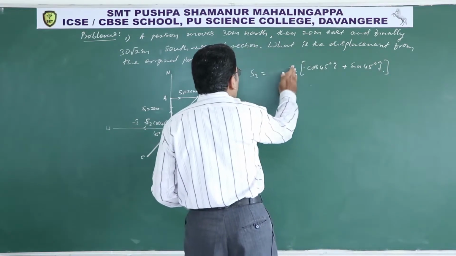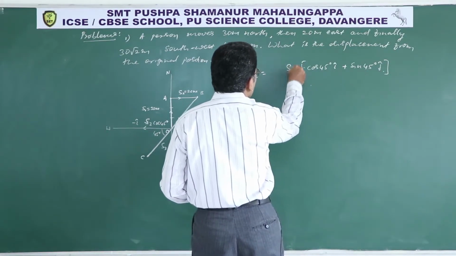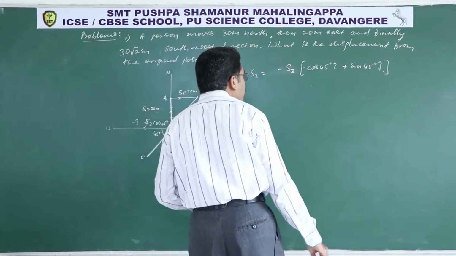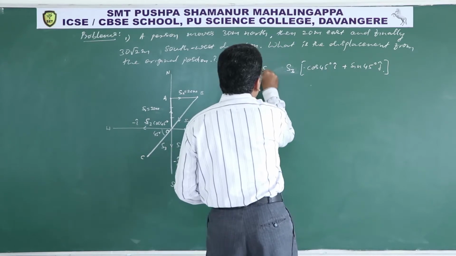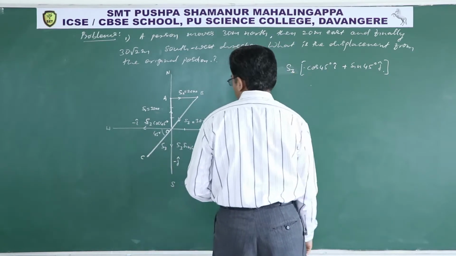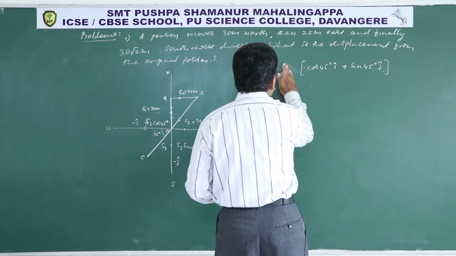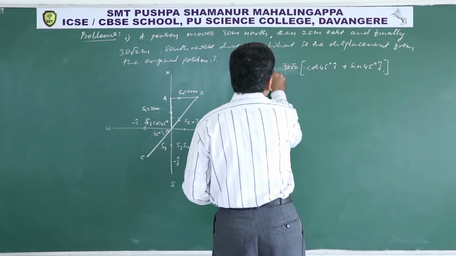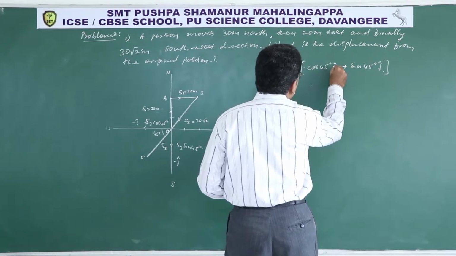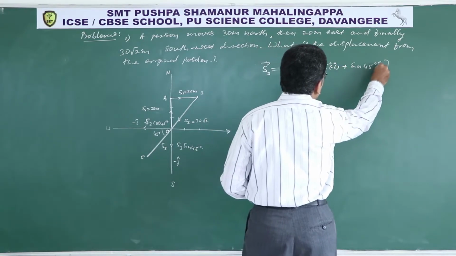This is actually S3. Vector S3 is equal to, its value is 30 root 2, this is minus i cap, this is minus j cap.